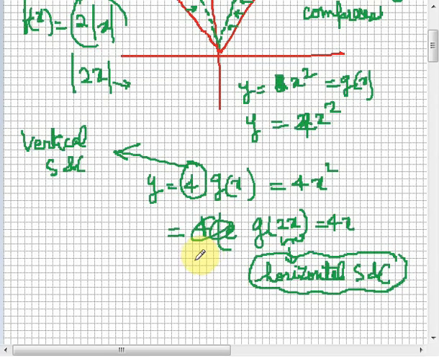You can plot this graph and you can very well verify that both graphs are the same. You can also explain from the graph what is the meaning of vertical stretching and compression and horizontal stretching and compression. There is a website called www.desmos.com.